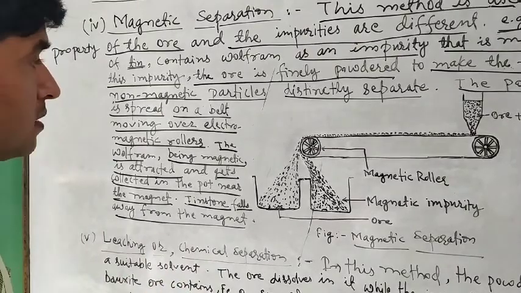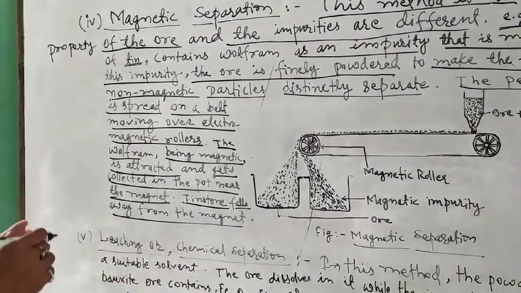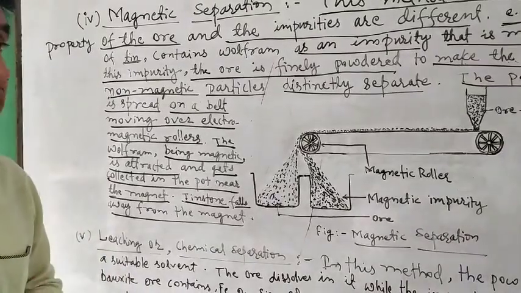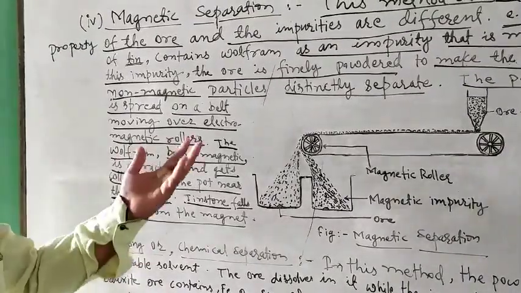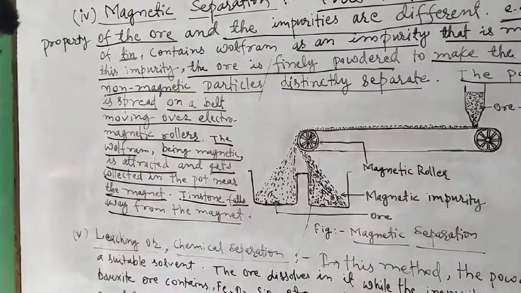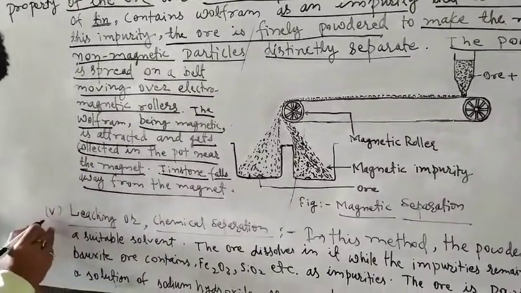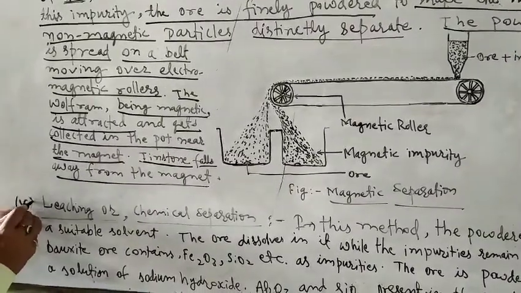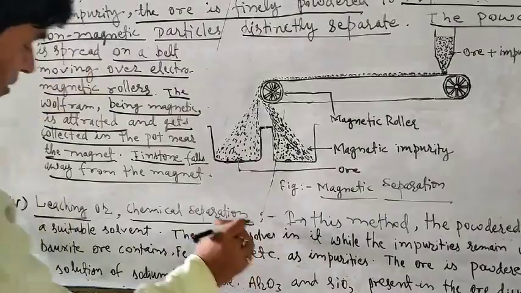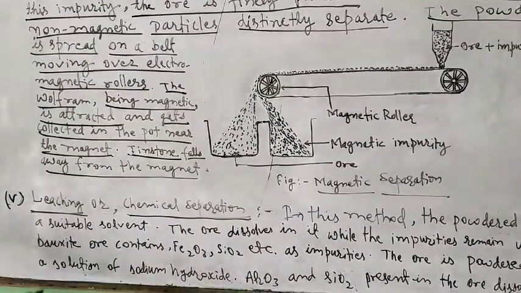So we can follow this method if the ore or the impurity has magnetic or non-magnetic properties. Next one is leaching. The fifth method is leaching. Leaching is also known as chemical separation.